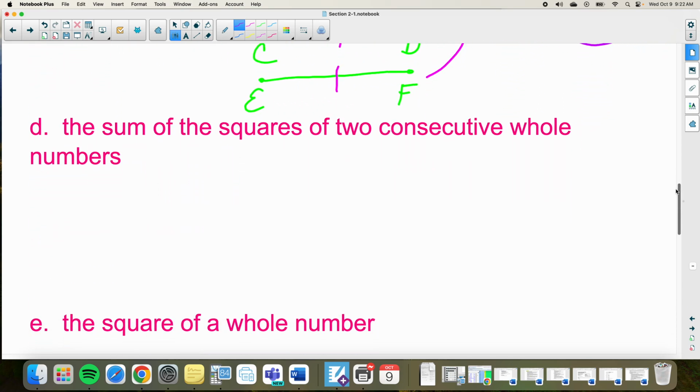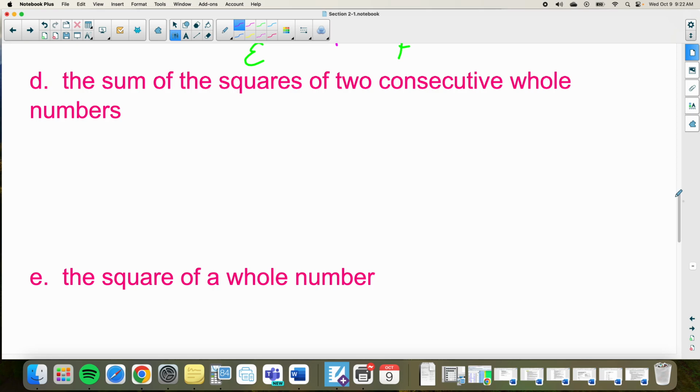Now this next one says the sum of the squares of 2 consecutive whole numbers. Just so you guys know, whole numbers are going to be like 0, 1, 2, 3, 4, 5, okay? And we want two consecutive whole numbers, so that just means it would be like 1 and 2 or 4 and 5. They'd be right next to each other.